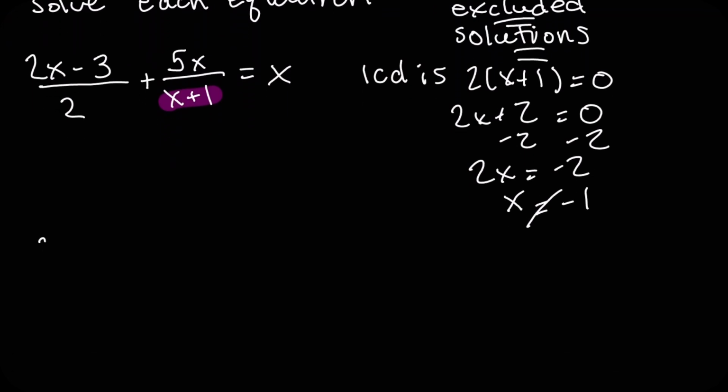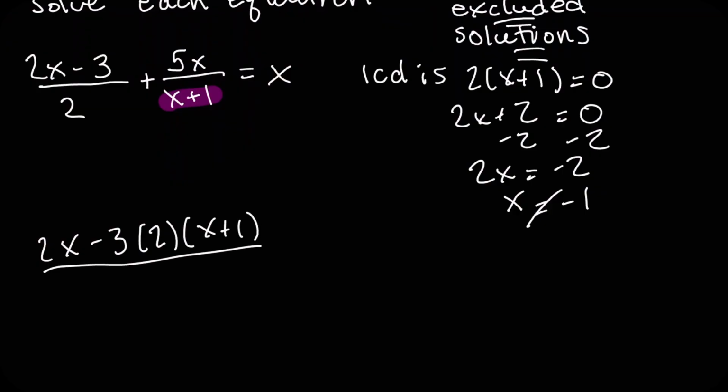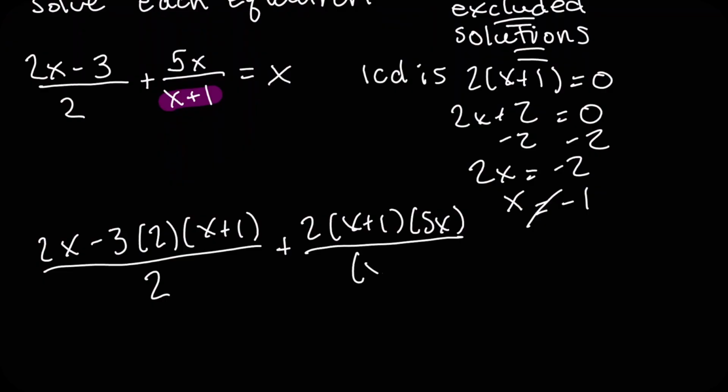So we'll have 2x - 3, and then we'll go ahead and multiply by 2 times (x + 1) divided by 2. And then we'll go ahead and add 2 times (x + 1) multiplied by 5x, then divide that by (x + 1).